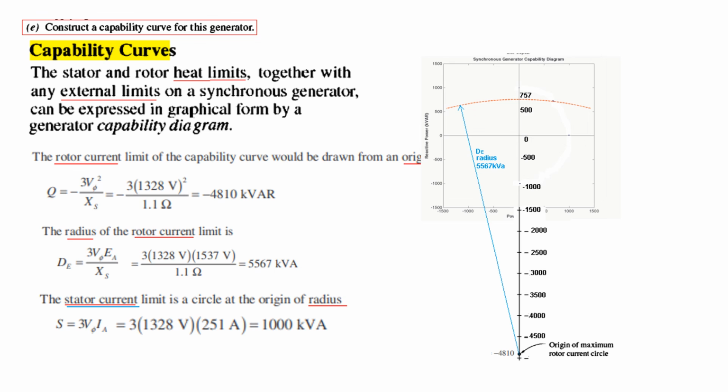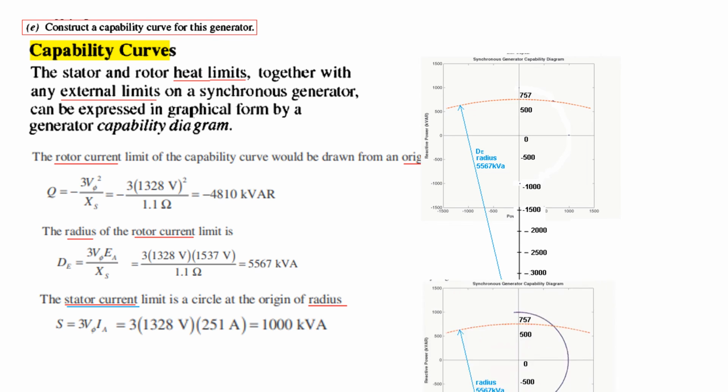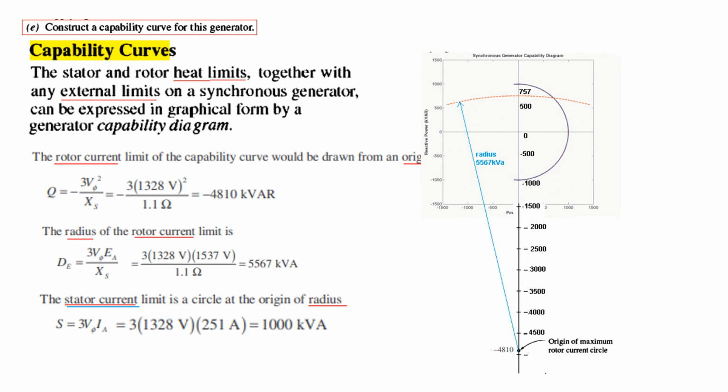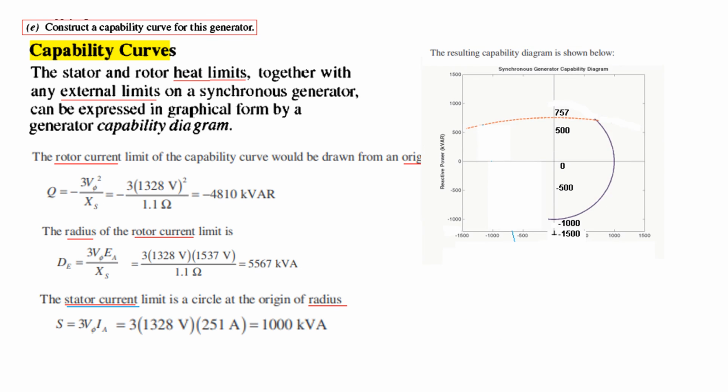So we have to draw a circle of radius 1000 kVA from the origin, from here. So let's draw this. It will be something like this. Now we cannot go beyond this, and we cannot go beyond this. So our final curve will be something like this.